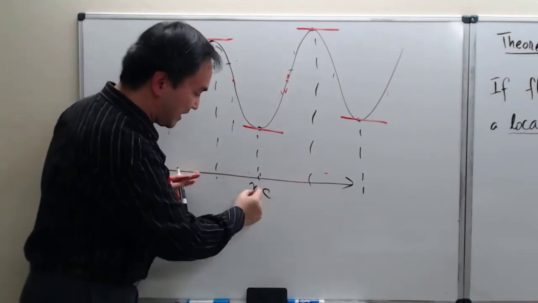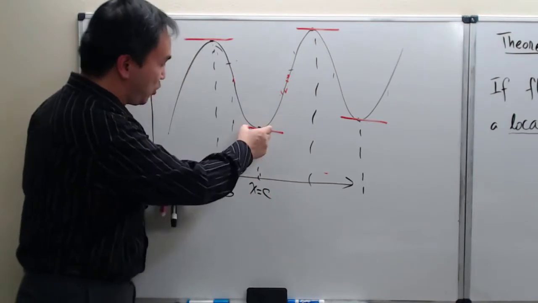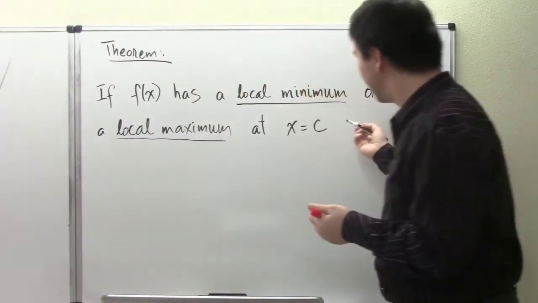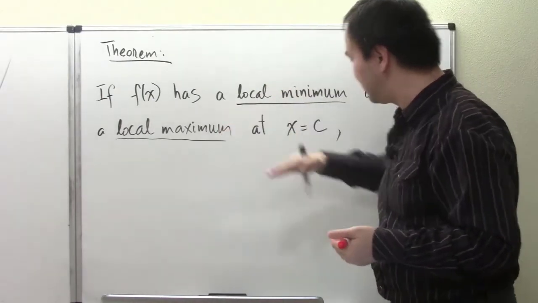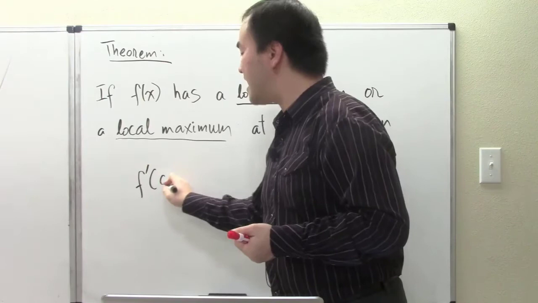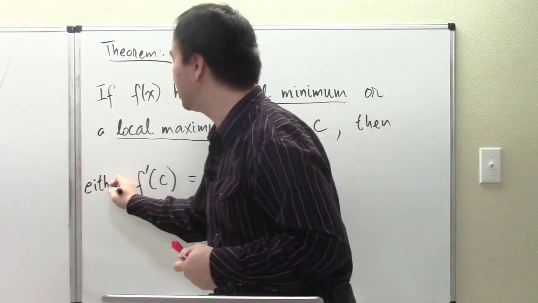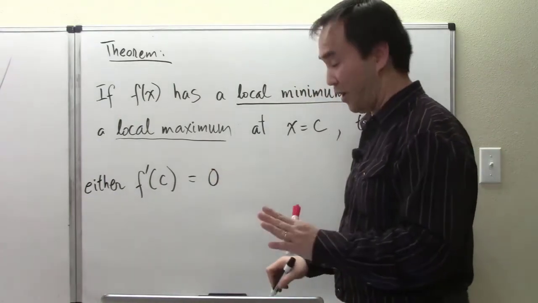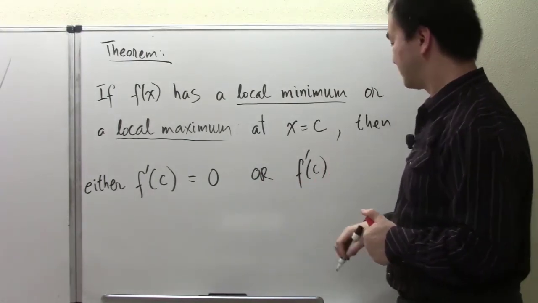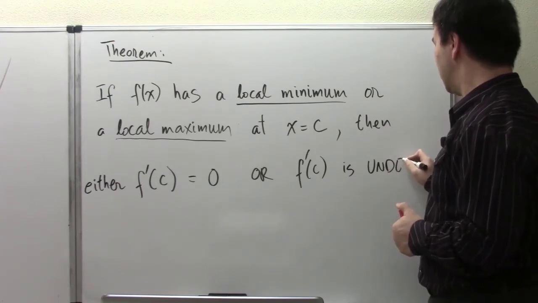At some value on the x-axis, here at x equals c, here maybe at x equals b, at any value on the x-axis where the function hits either a local maximum or minimum, then if we know that we hit a local minimum or maximum at a value x equals c, it must be true that either f prime at c equals 0, that's one, or f prime at c is undefined.